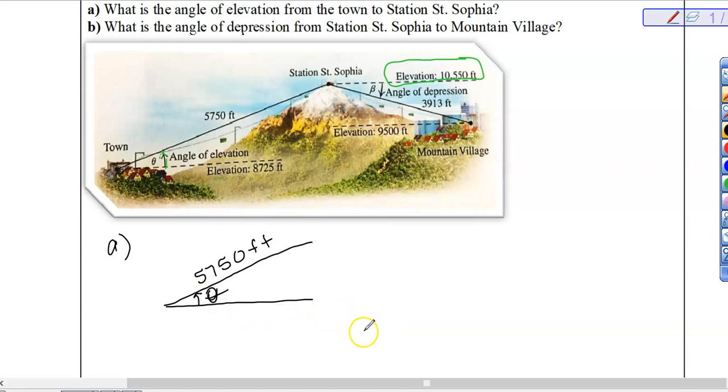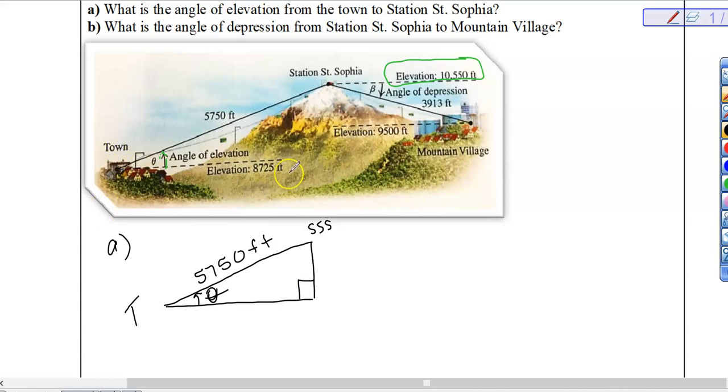And this is the town, and up here is Station St. Sophia. Okay, so I have one measure, two measures. If I drop in a vertical, I have a 90-degree angle and I have a side. Well, that's not enough information to use trig. So there are 2 more pieces of information I can use that will help find another side.